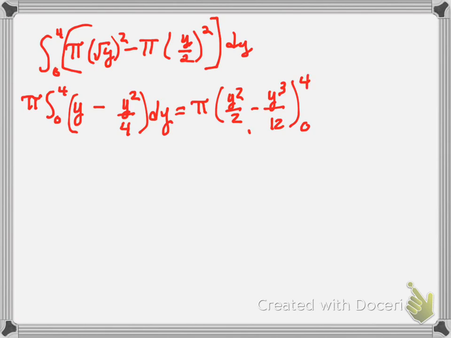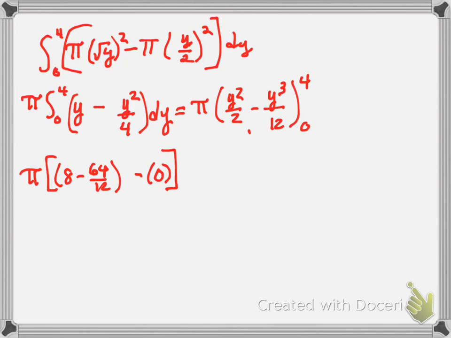So if I plug a 4 in there, I'll have 16 divided by 2, which is 8. And then plug 4 into here. 4 cubed is 64. So I end up with 64 over 12. And I plug in 0, and of course if I plug in 0, that would give me 0 on both.